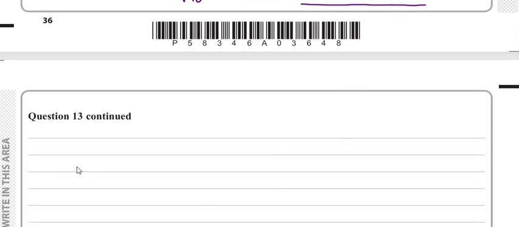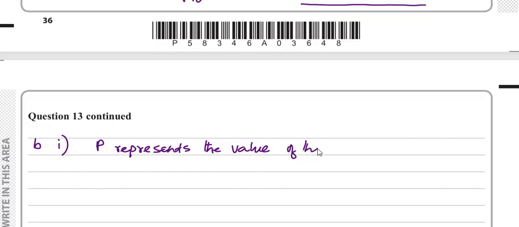So we need to write here as B. The value of the painting. P represents the original value, right? Represents the value of the painting on the starting date 1st January 1980.